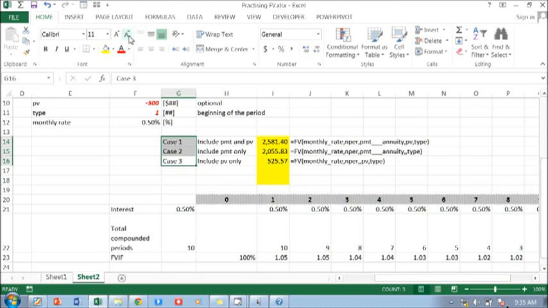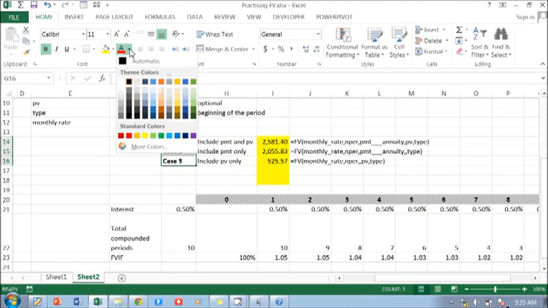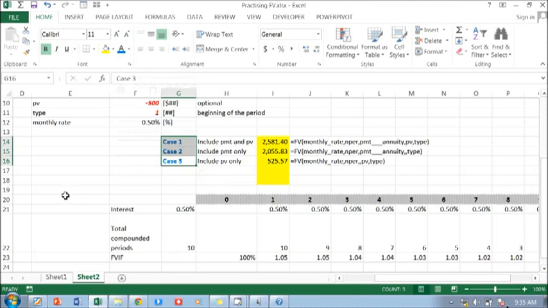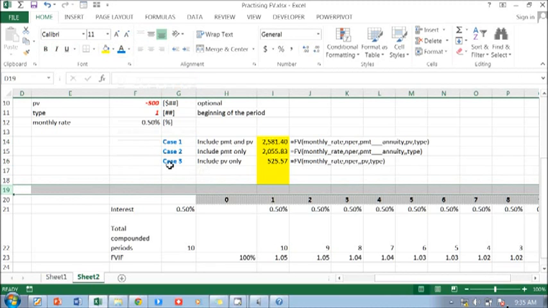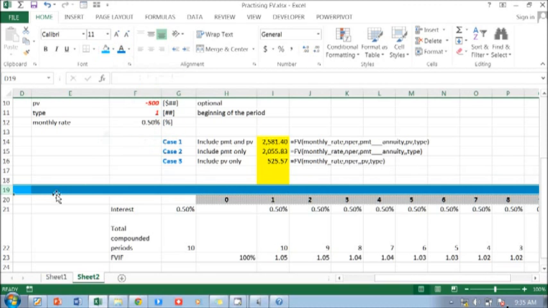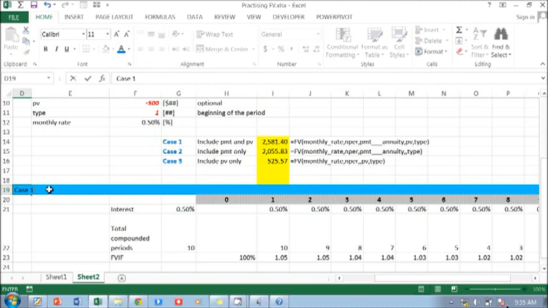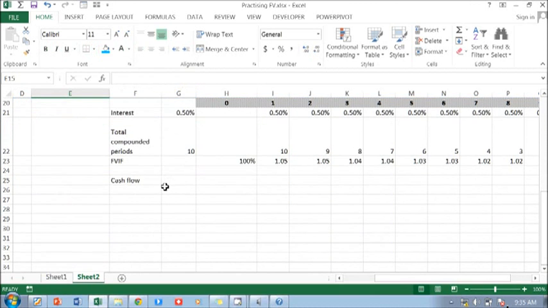Okay, I put the blue bold. So case 1 includes PMT and PV. Okay, just bold it, put the white if you want. Alright, so this is case 1.